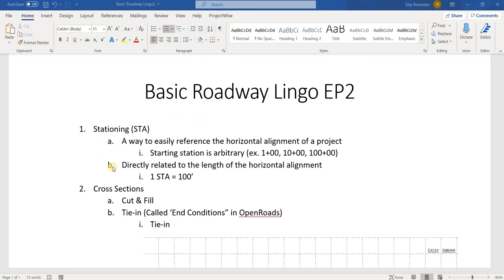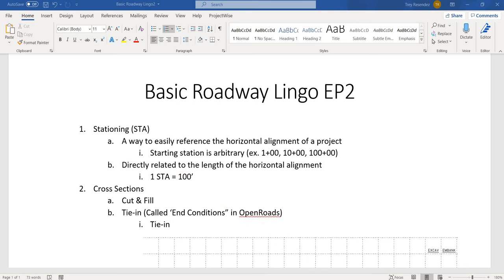I'll look at a plan and profile sheet, and we can understand more about what's happening in regards to stationing. It is directly related to the length of the horizontal alignment, and one station equals 100 feet.